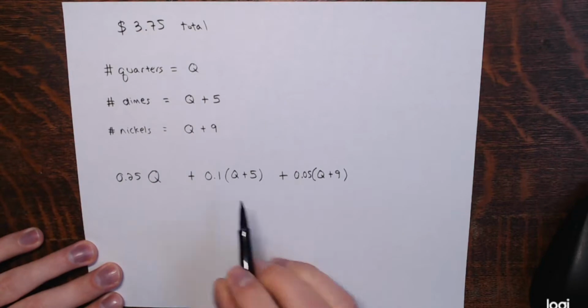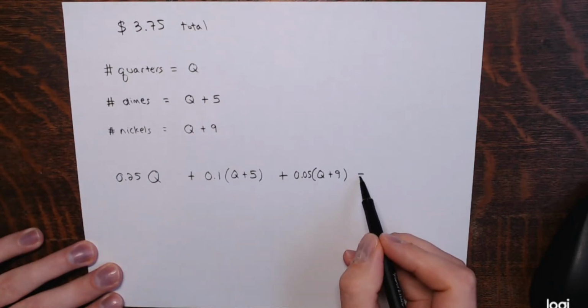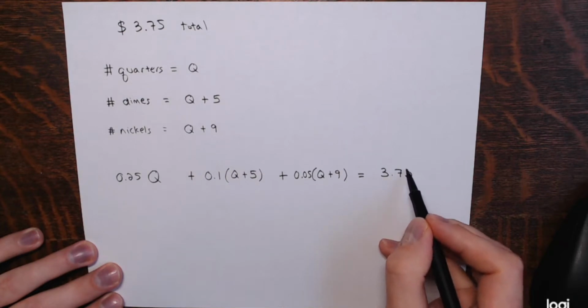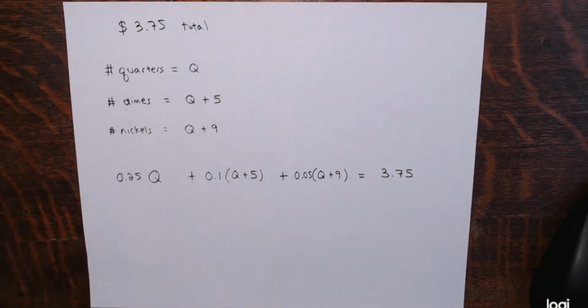Add up all these monies, and he has a total of $3.75.